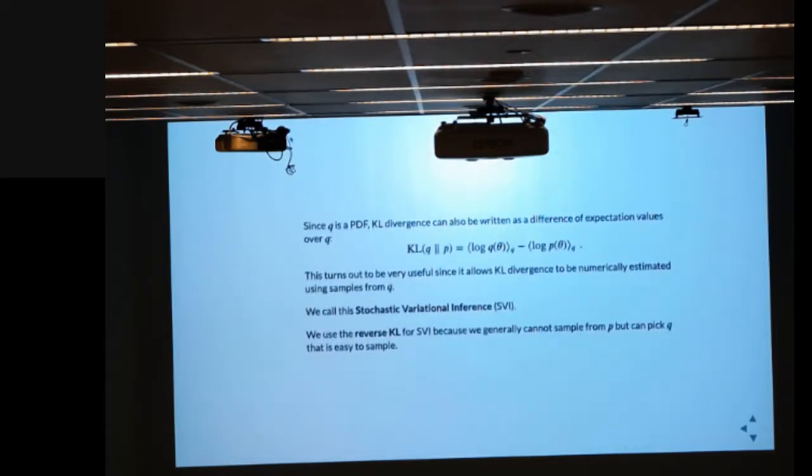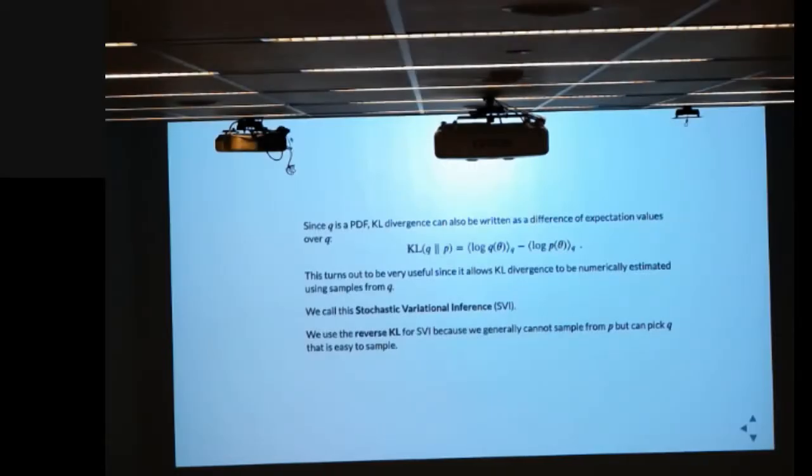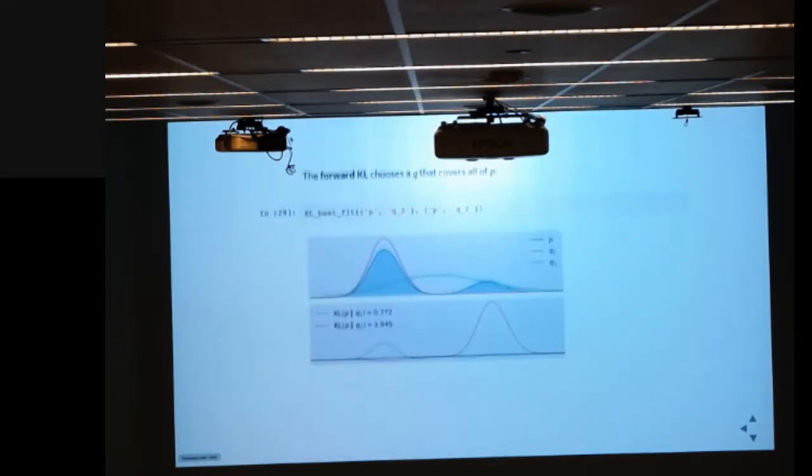To understand that, remember Q is a PDF, and so the KL divergence is just integrating over the PDF. But whenever you've got a PDF, one thing that's usually pretty efficient to do on a computer is to draw samples from that PDF.